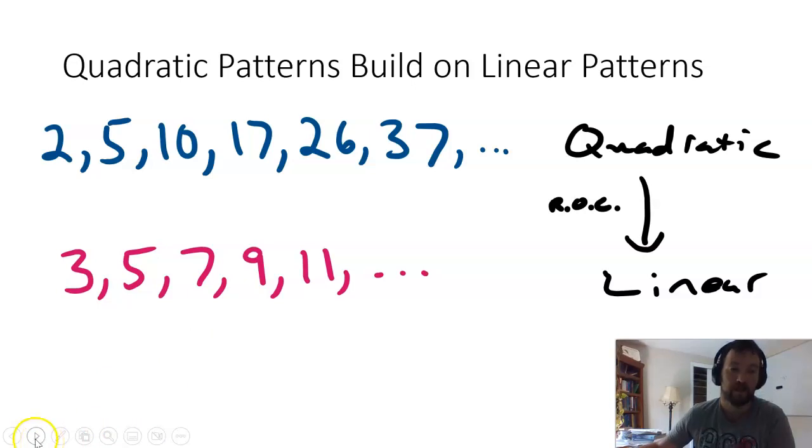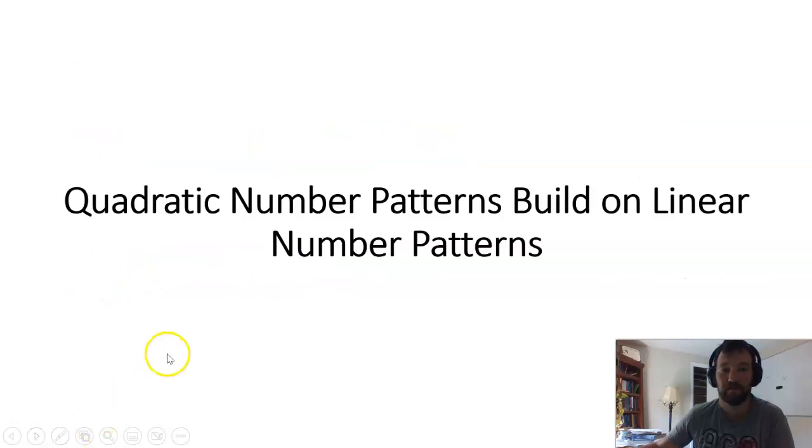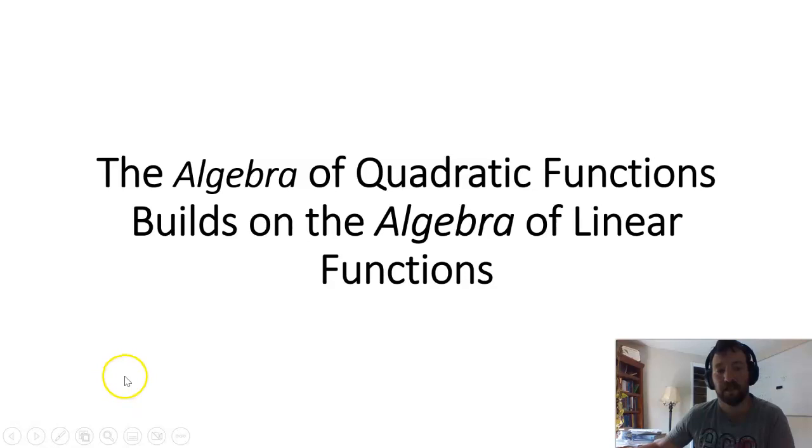Okay. So these are the types of patterns, and now as I said at the start of the video, the algebra should reflect that. Because quadratic number patterns build on top of linear number patterns, it must be the case that the algebra of quadratic functions builds on the algebra of linear functions, right? So always start with the number sense.